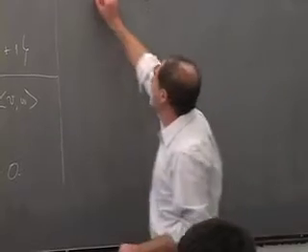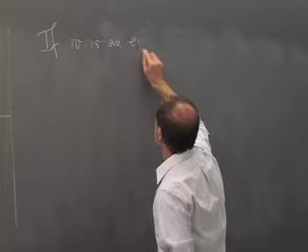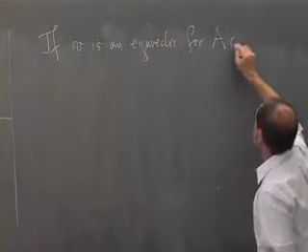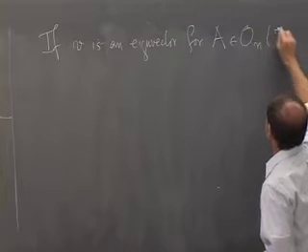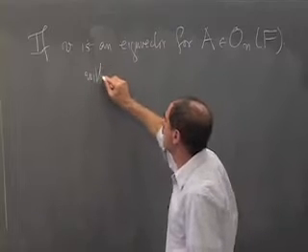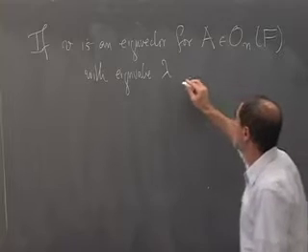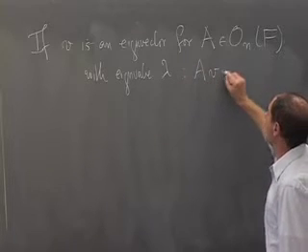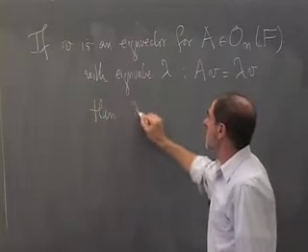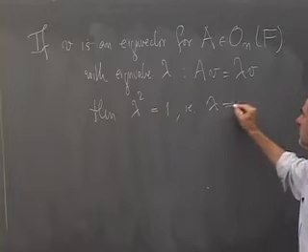Let me just make one more observation. If v is an eigenvector for a transformation A in O_n of F, and this is true over any field, with eigenvalue lambda, i.e., that means that A of v is lambda times v, then lambda squared is equal to 1, i.e., lambda is plus or minus 1.